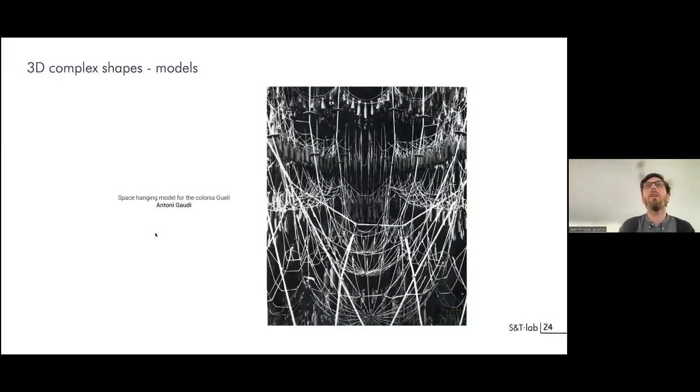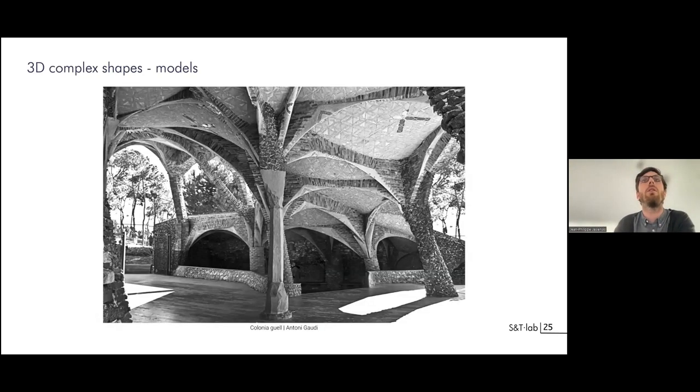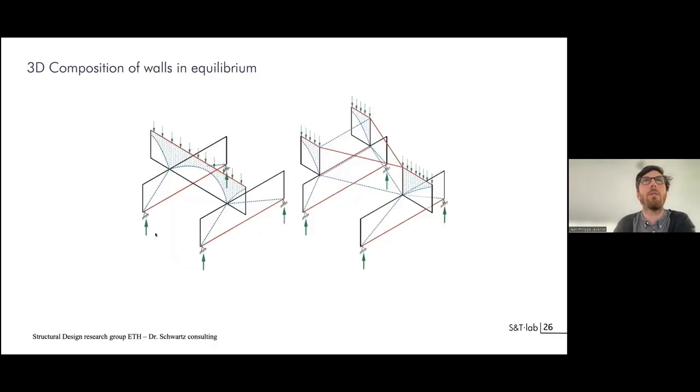The work of Gaudi was also inspirational in this regard with his hanging models. You obviously, I guess, know them, but he did these hanging models, and then he would build it reversed, so reversing tension and compression. So this is the Colonia Güell. So models were really a tool to design complex 3D structures.